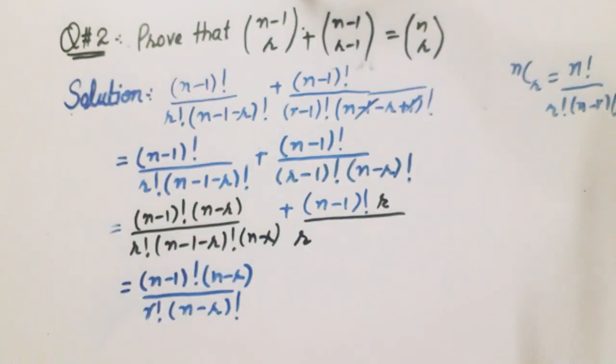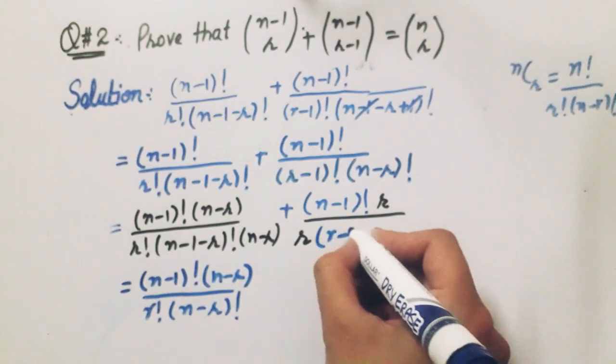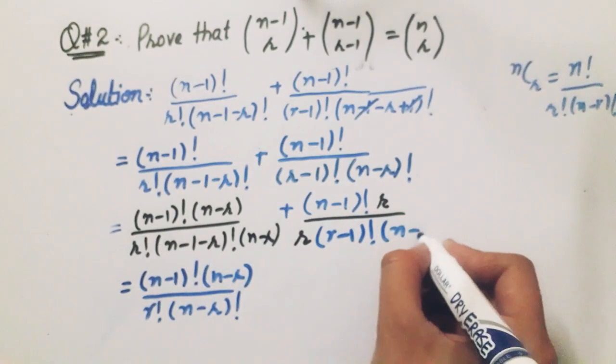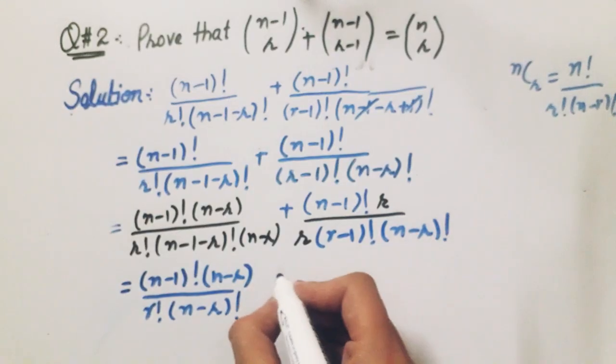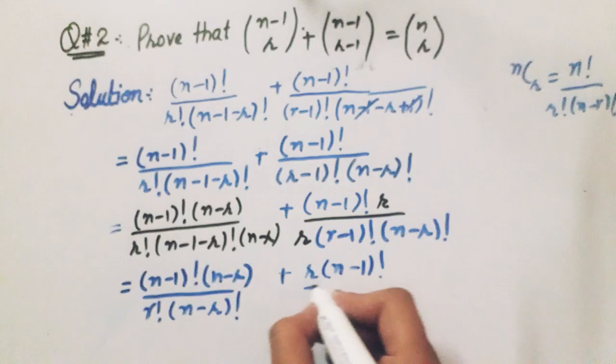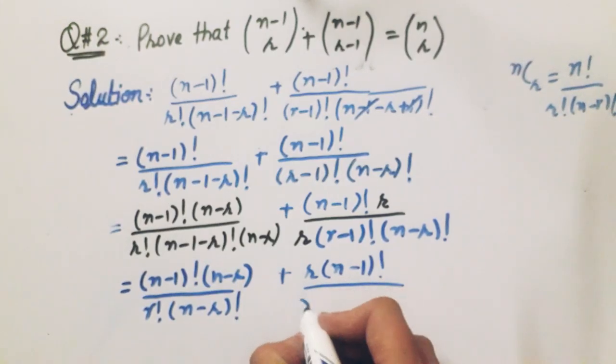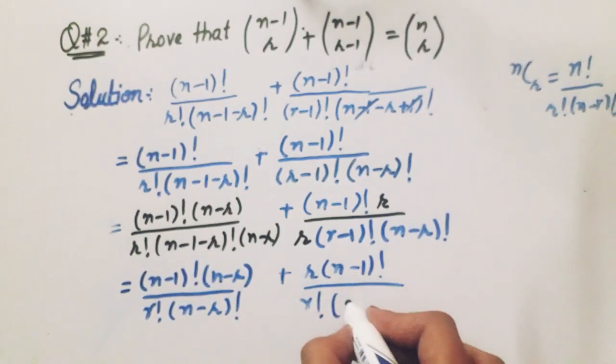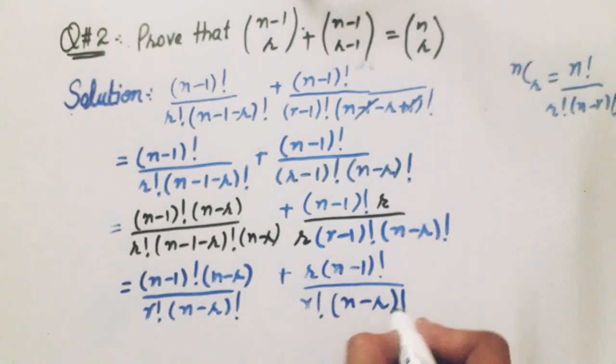So this will become r minus 1 factorial and n minus r factorial. So you will have r into n minus 1 factorial by r factorial and n minus r factorial.